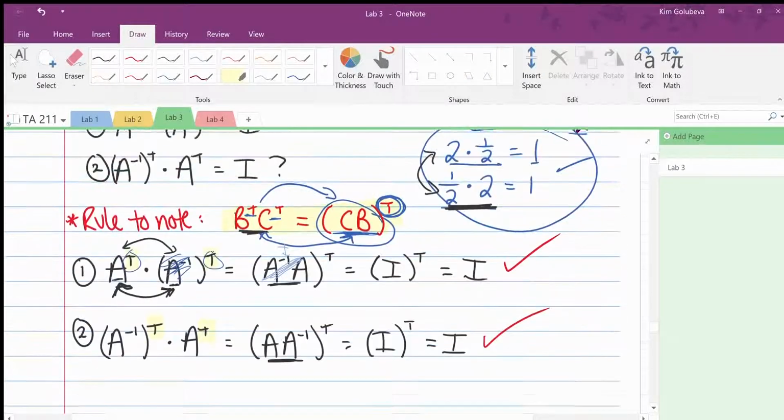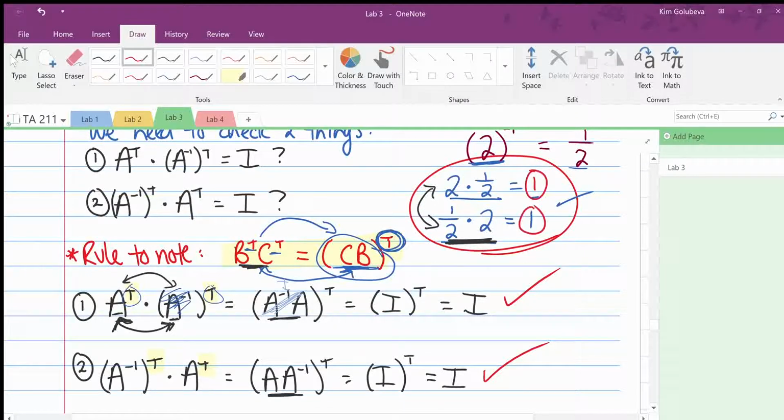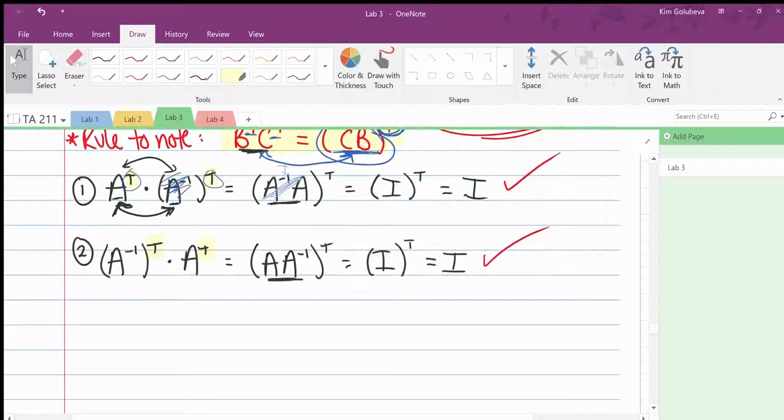So just like right here, we ended up getting our identity here and our identity here. So we can verify that, yeah, in fact, it is the inverse of A transpose. So we would write something like, thus, we'd say A inverse transpose.